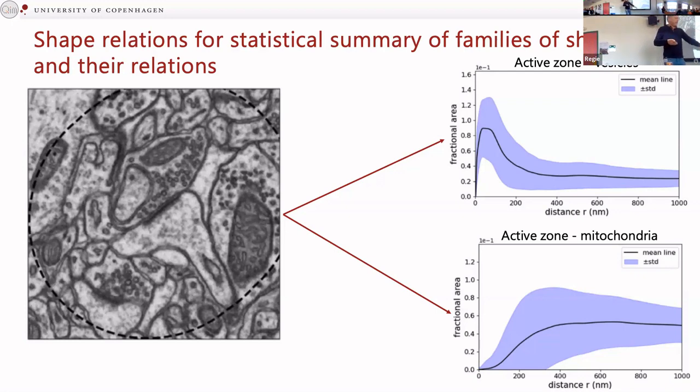I don't know if it comes as a surprise to you, but it clearly shows, and this is across hundreds of active zones, that the mitochondria is never near the active zone. So the blue shaded area here is, of course, a measure of how much variation there is about the mean.